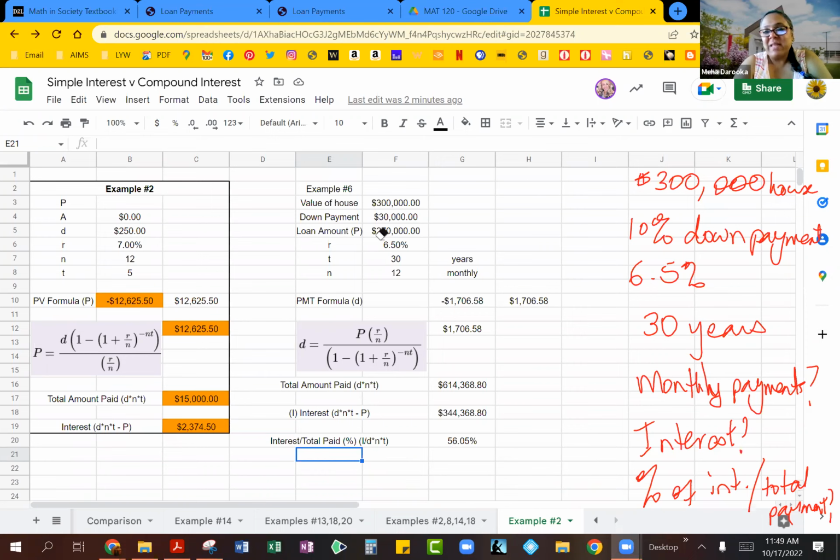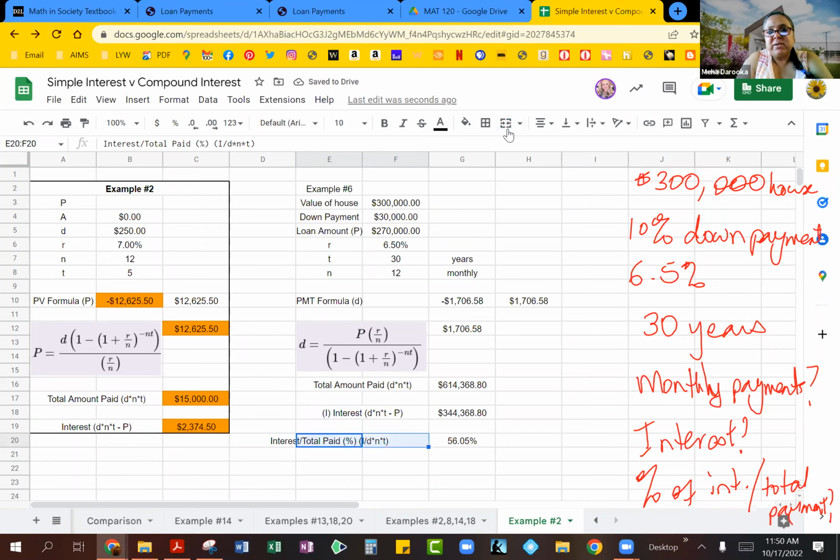Based on that, what were our monthly payments? How much money did we pay in total? Then we calculated what the interest was, and then what percentage of our total payment the interest came out to be. So that's basically what you did here in question 6.